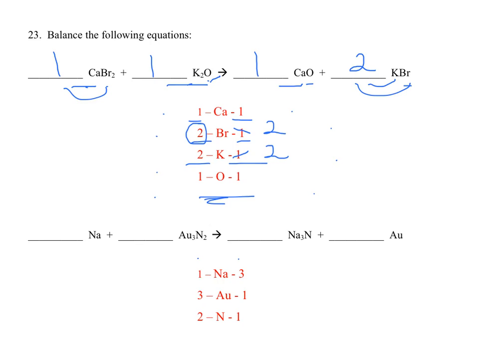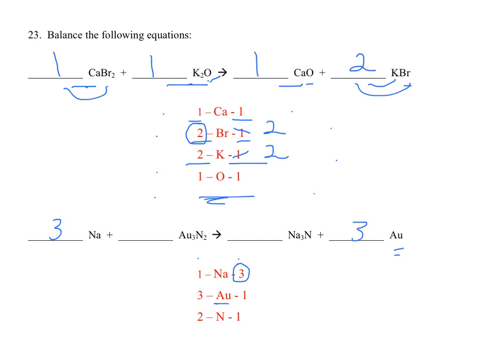And so I have 3 here, so I'm going to put a 3 over here. Now, actually, sodium is all by itself over here, so it's going to be very easy to fix. So let's go ahead now and do gold, Au. And we have 3 over here, we need 3 over here. Well, that's going to be easy to fix too because it's by itself.